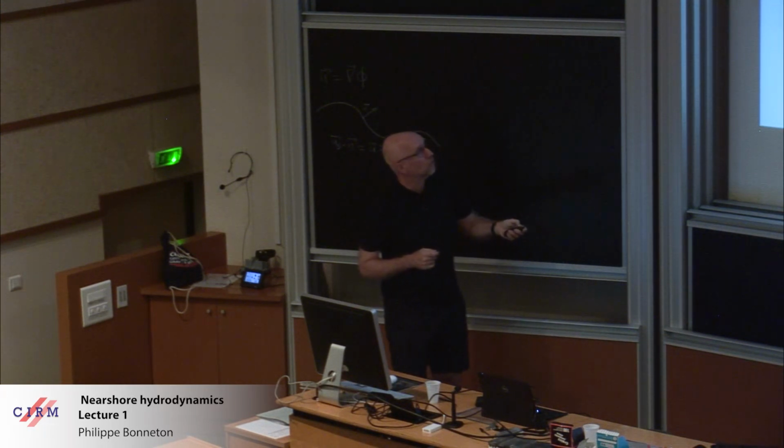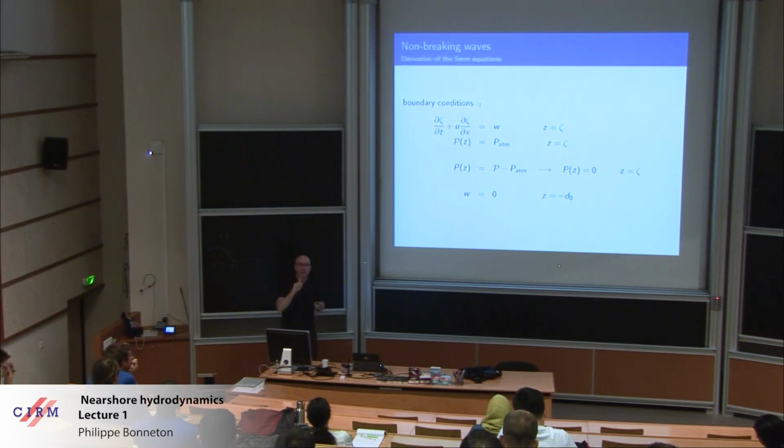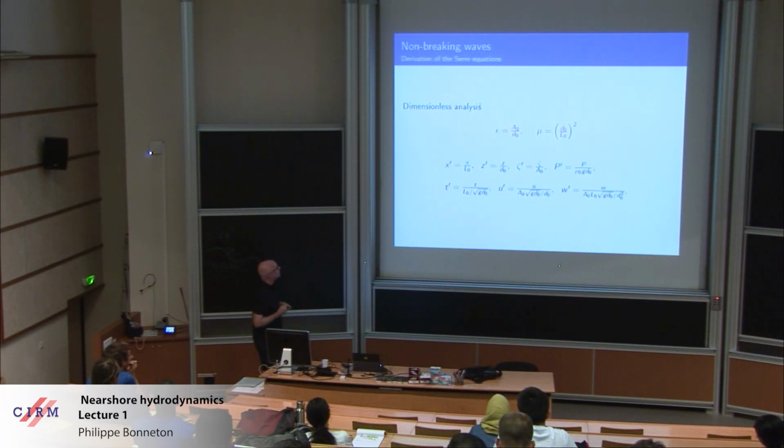And so the boundary condition is like that, but it doesn't change the structure of the equations. And the last condition is that the normal velocity with respect to the bathymetry, in this case for flat bottom, W, is equal to 0.